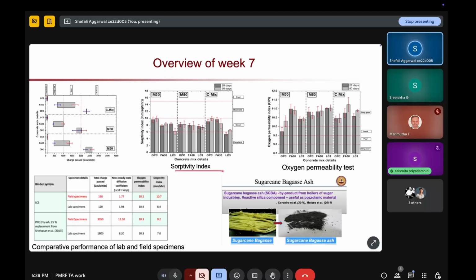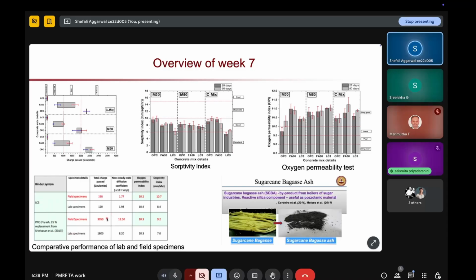Same way we have done the sorptivity index and oxygen permeability index, and compared lab and field specimens to see which has better results. The trend is almost the same in terms of field and lab specimens, whether it is LC3 or PPC.